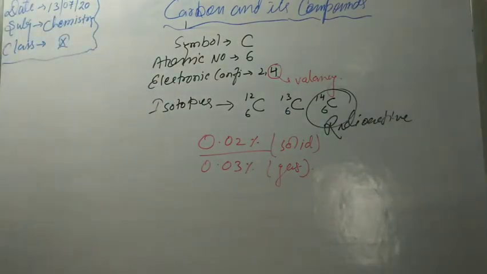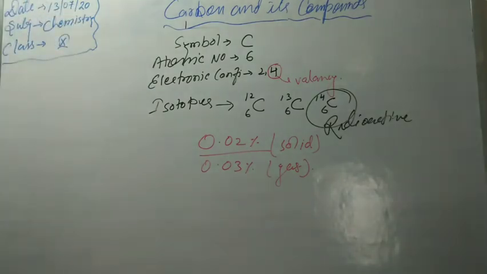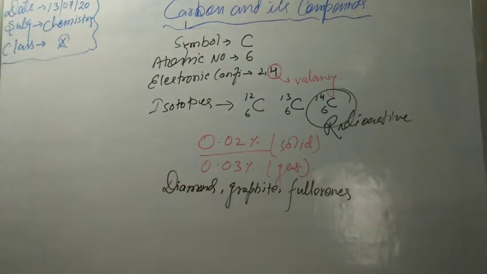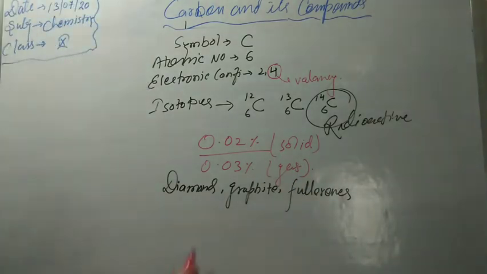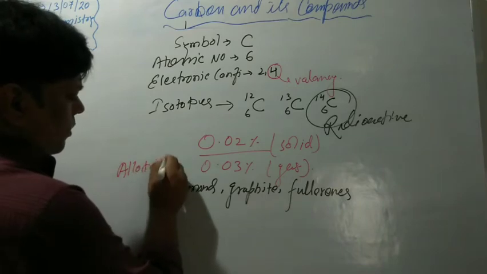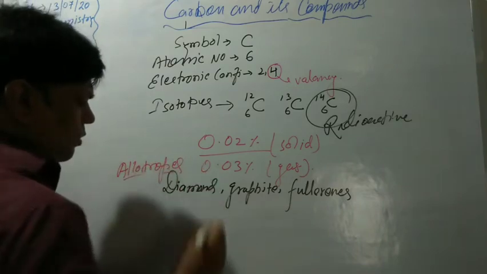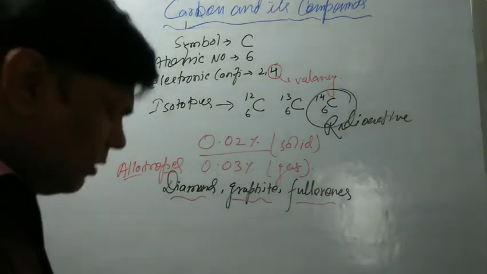There are 3 allotropes of carbon: diamond, graphite and fullerene. These 3 are allotropes of carbon. We will discuss these 3 allotropes in detail further.